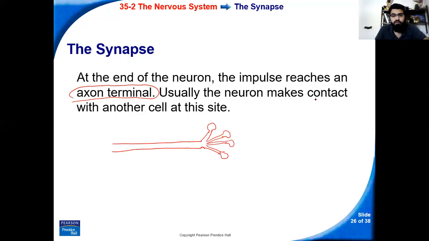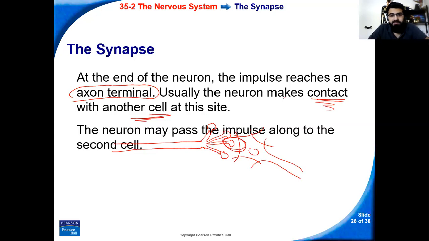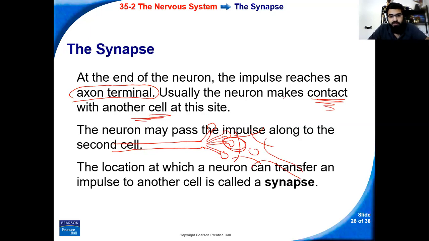Usually the neuron makes contact with another cell at this site. Here we have another cell, like this. So here we have contact between the terminal and another cell. The neuron may pass the impulse along to the second cell, and the location at which a neuron can transfer an impulse to another is called the synapse, as we said.